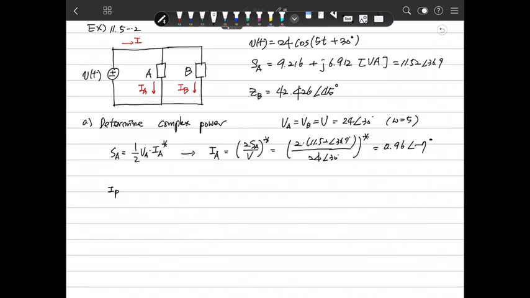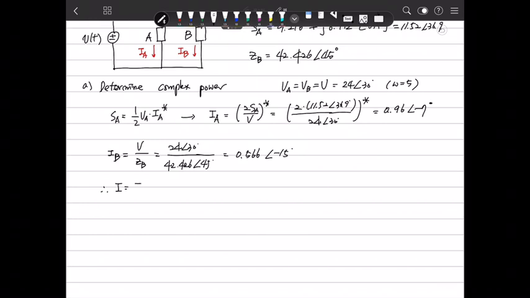And what is IB? IB is simple. V divided by ZB. The V was 24 at 30 degrees, and ZB is 42.426 at 45 degrees. So that result was 0.566, angle is -15 degrees.